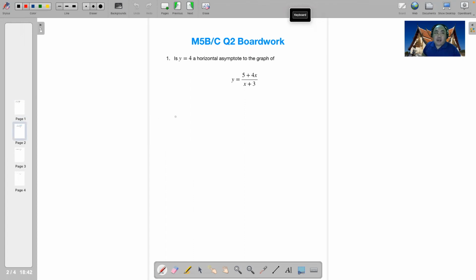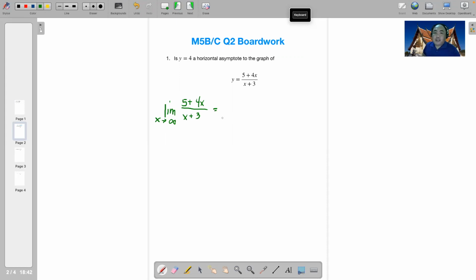For this case, let's begin our analysis with the limit of 5 plus 4x all over x plus 3 as x approaches, this is very arbitrary, let me check positive infinity first. Of course, you can do negative infinity on your own.